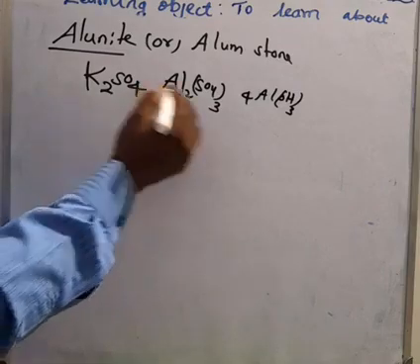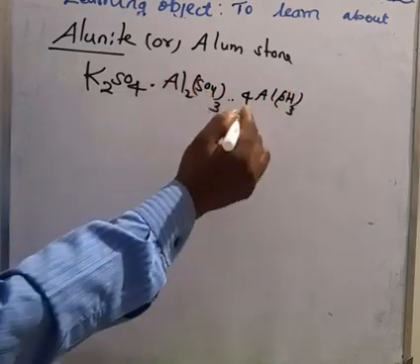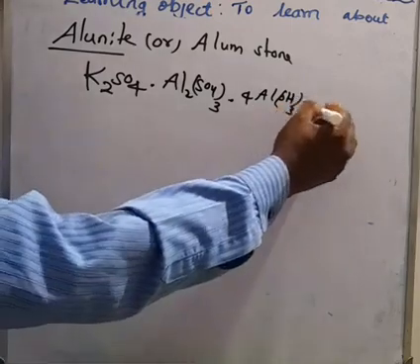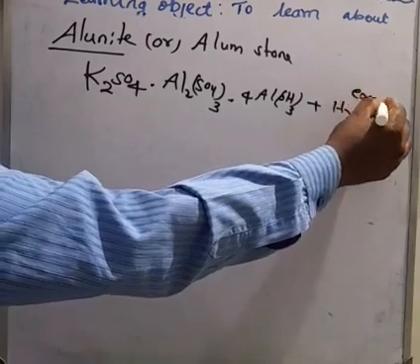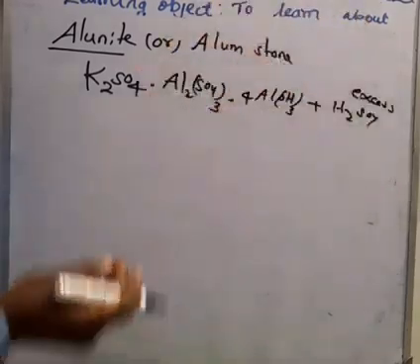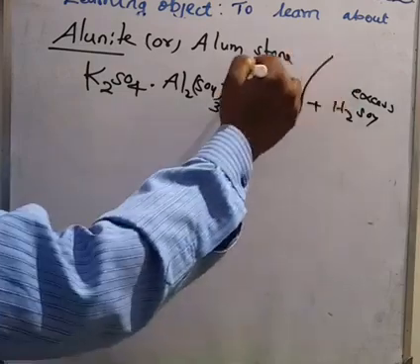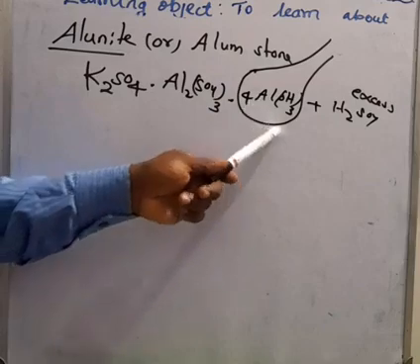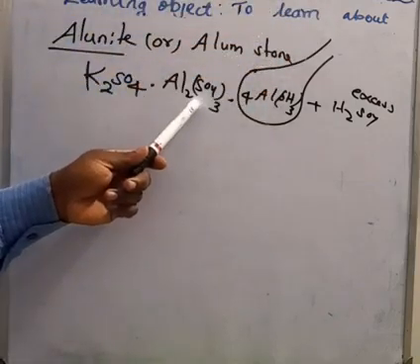Here, when alum stone is treated with excess of sulfuric acid, listen all of you, this compound having aluminium hydroxide, the aluminium hydroxide part is converted into aluminium sulfate.